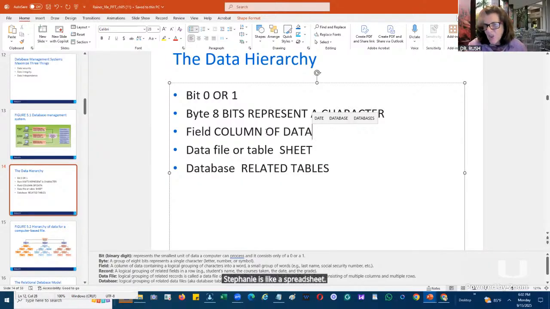If I had a grading spreadsheet, each column would be called a field. And my entire grade book would be called a data file, or think about it as a sheet. And my database could be related tables or related sheets.